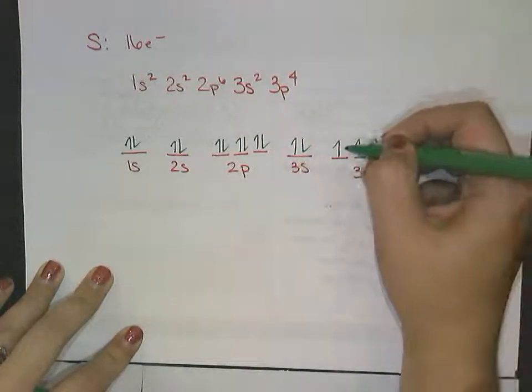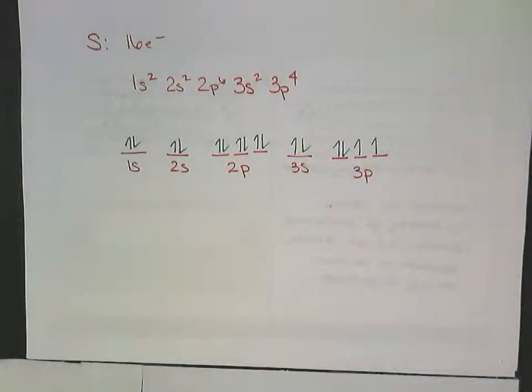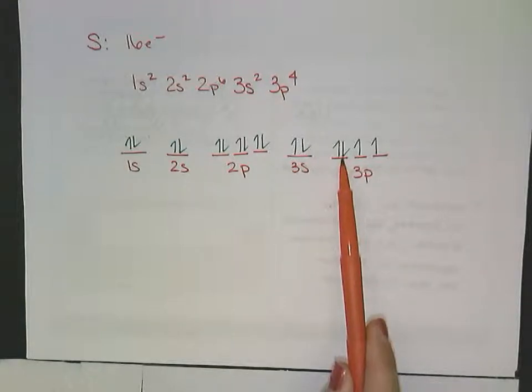Which one of those was the last electron to be placed? What platform is it on? The first, second, or third platform? Yes, that's the last one, right? So that's the last one you put in there. So if you're thinking, which one's the last? That was the last one you drew.